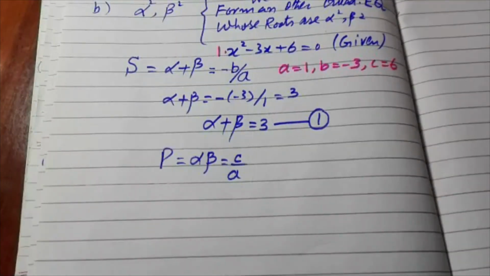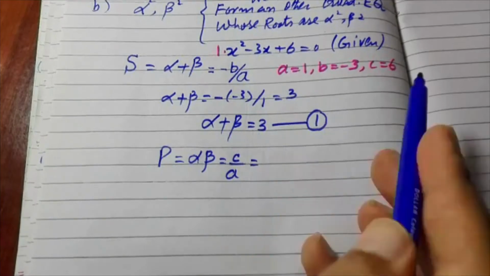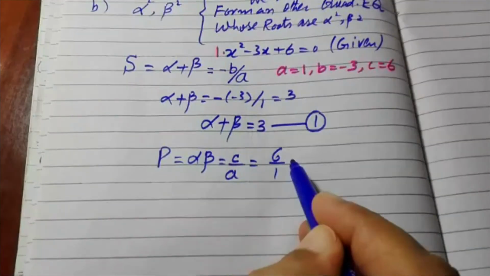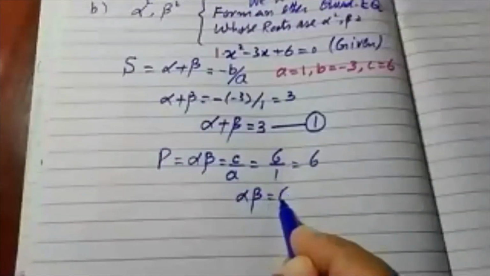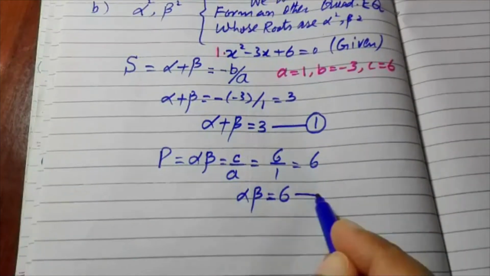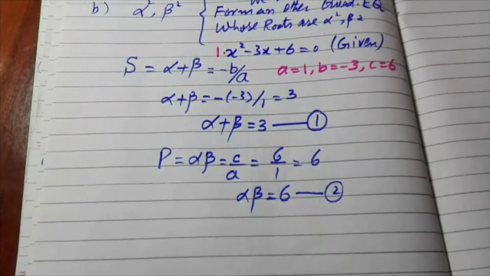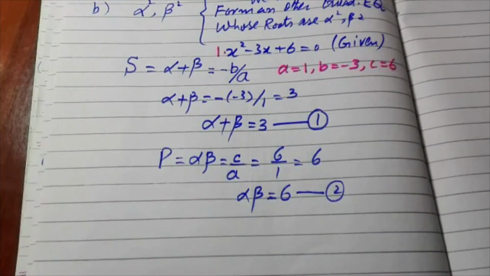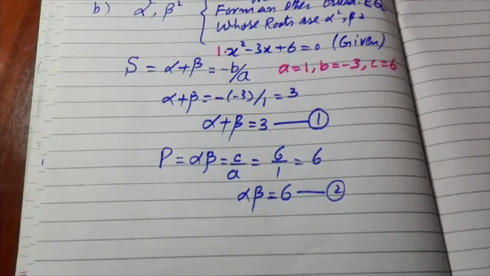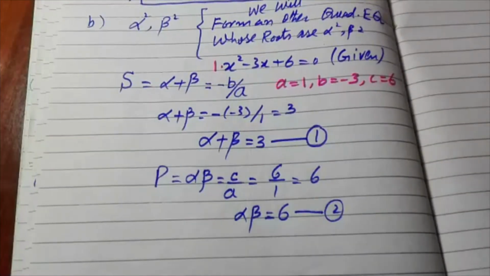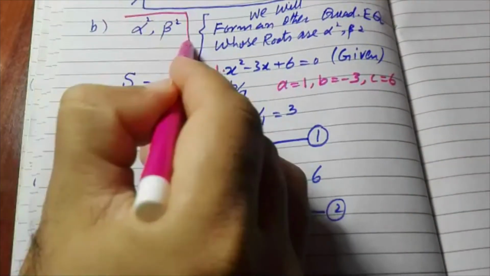The value of c is 6 and a is equal to 1, so alpha beta for the given equation is equal to 6. Now we will use this alpha plus beta and alpha beta to find the second quadratic equation whose roots are alpha square and beta square.